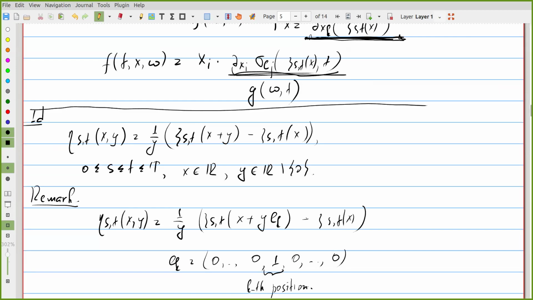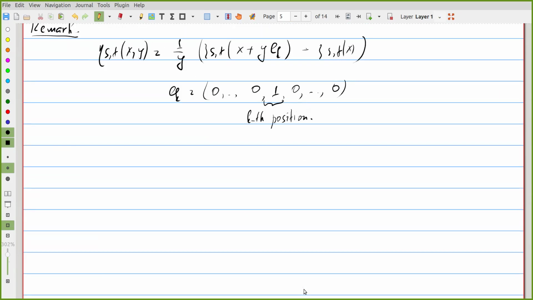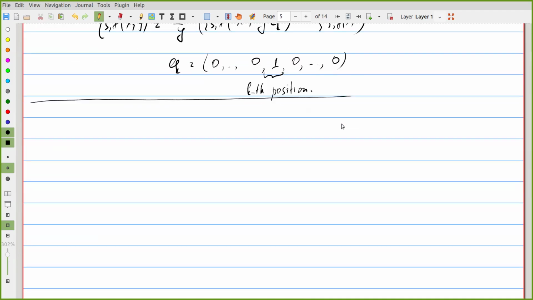But again, nothing really changes much compared to the one-dimensional case. It does get computationally much heavier, I would say. So you need to be more careful, etc. But the idea is the same.